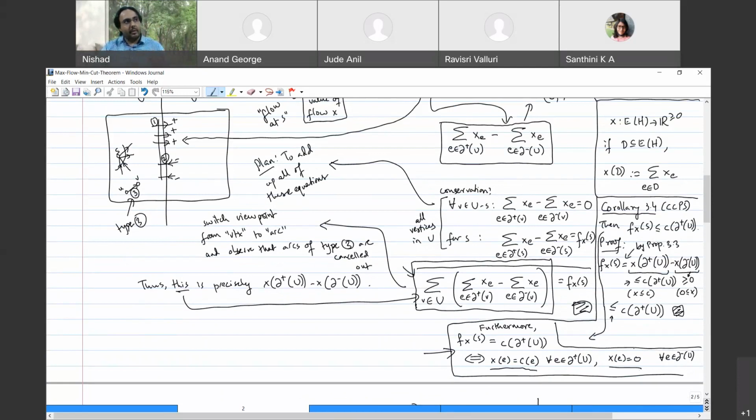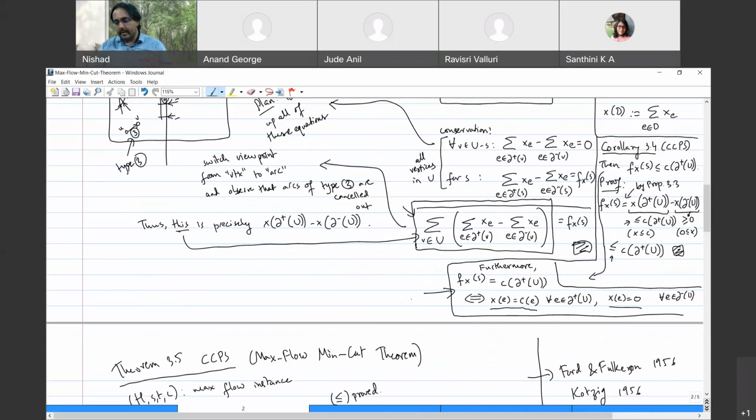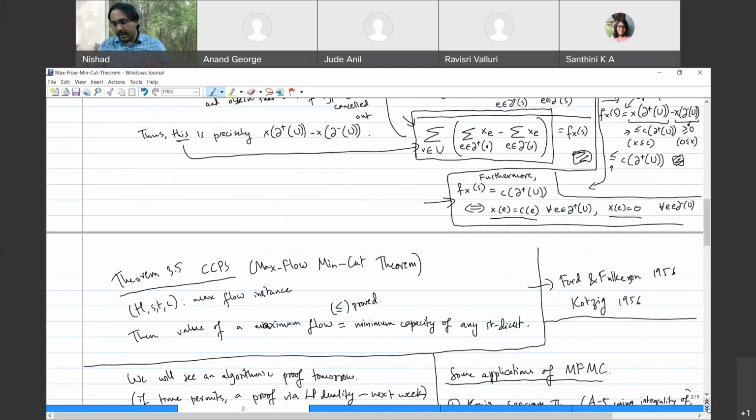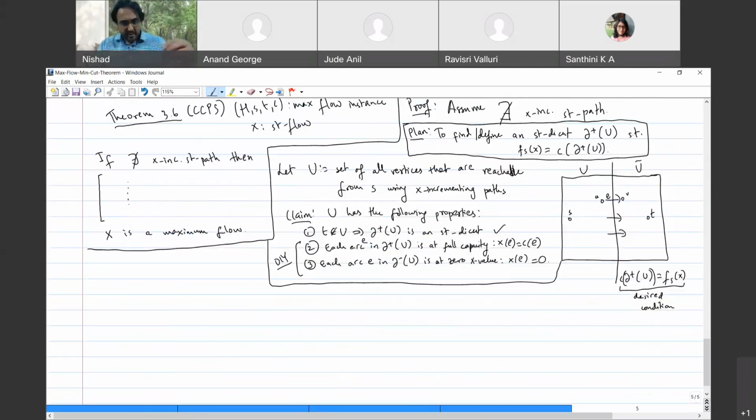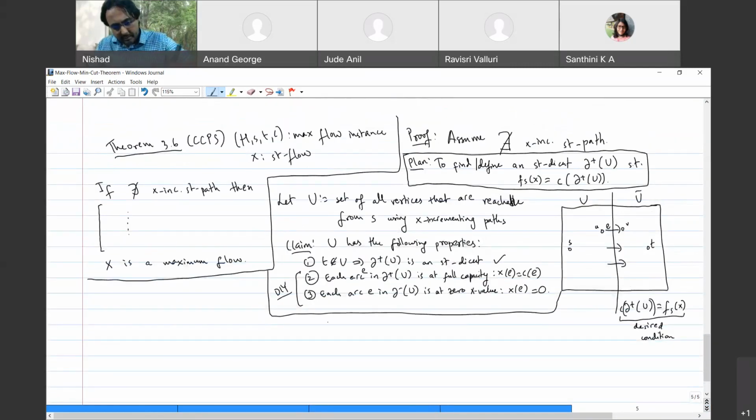But that is exactly what we want to prove. So by corollary 3.4, the value of the flow is exactly equal to the capacity of the cut. And that is exactly what we wanted to prove. Therefore, this is indeed a max flow and this is a min cut.